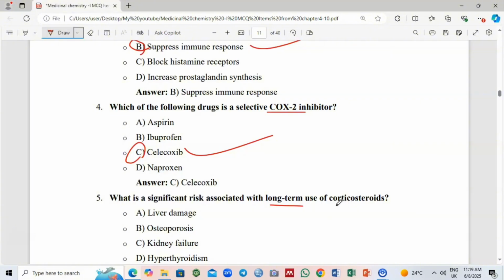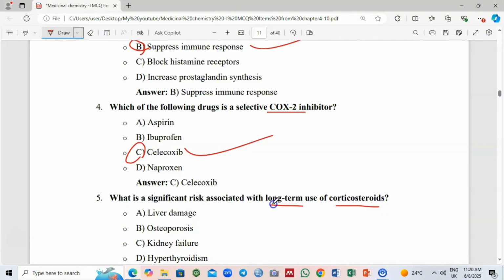As we mentioned before, this is a steroidal drug which has a response in different medical conditions, and it has short-term and long-term side effects. In the short term, it mainly causes increased appetite, mood change, insomnia, and sometimes elevation of blood sugar level.